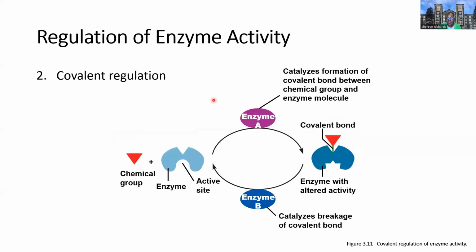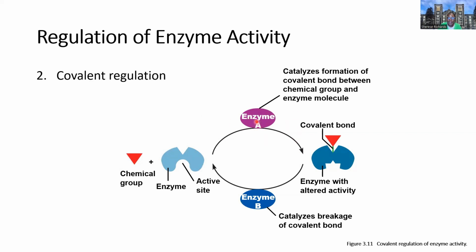Then there is covalent regulation, and this one involves another type of enzyme. Here's our enzyme in question, the enzyme that's actually catalyzing the reaction. Here's the activation site. Here's a chemical group. Some type of chemical group can be added to the enzyme, but in order for that to be added, another enzyme is required, which catalyzes the covalent bond between the chemical group and the enzyme in question.